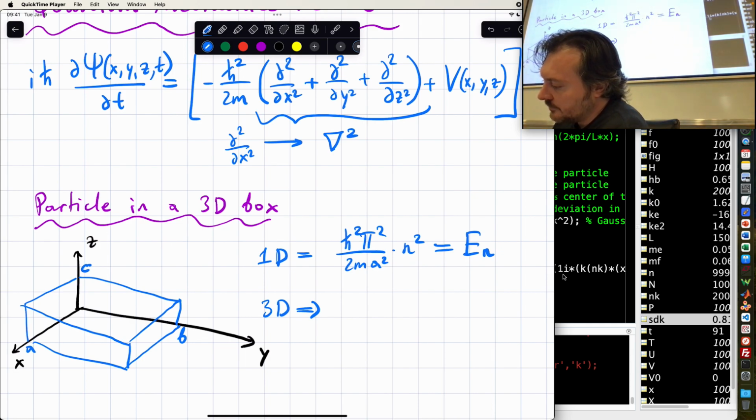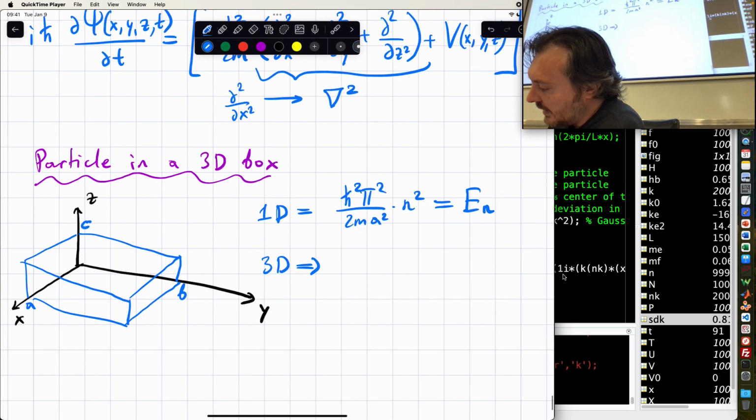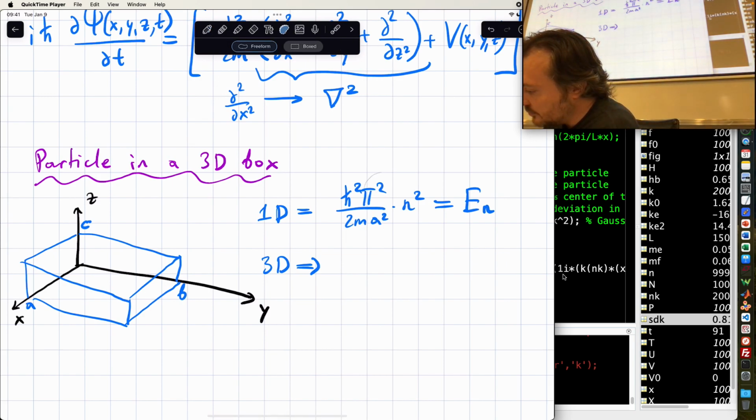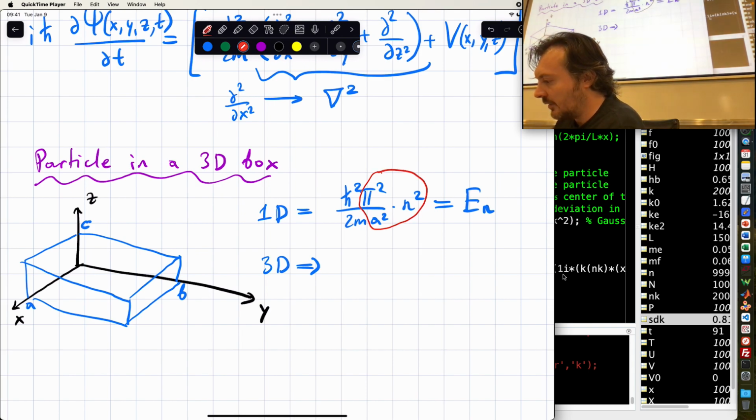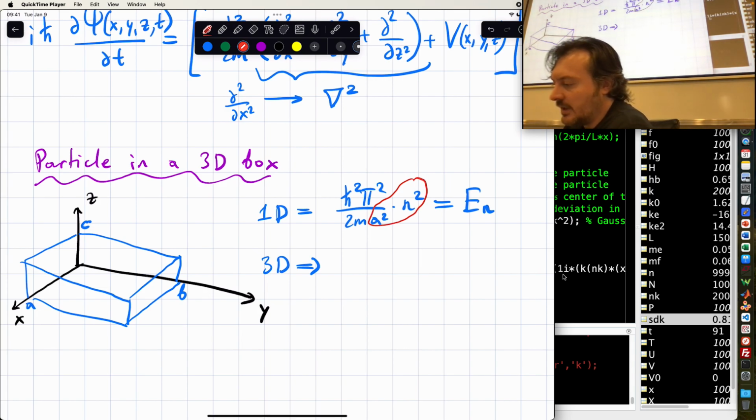So let me point out this section. This is the important part. Actually, not even the pi squared, just this part. For each direction, you will have n squared over a squared.